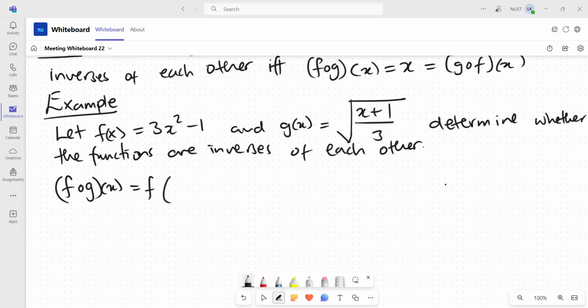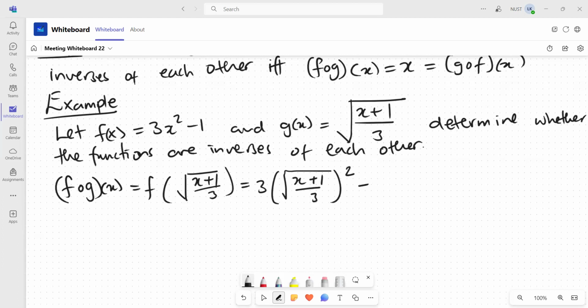So we have f, and inside f we put the function g, so we put the square root of (x plus 1) over 3. That means where we have x here, we're going to replace it with this square root. So we have 3 times the square root of (x plus 1) over 3, squared, minus 1.